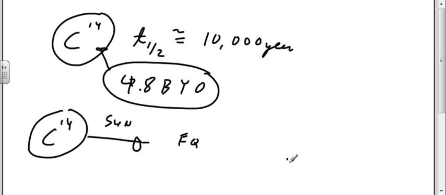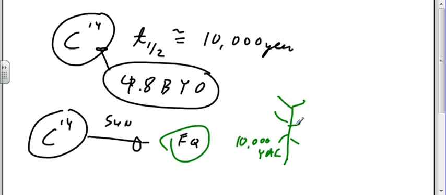So here I got some plant, it's growing, and it grew 10,000 years ago. So that equilibrium amount is in the plant, and then when the plant dies, it quits absorbing it, it now decays, and by the amount of carbon-14 left over, I know how old it is. Okay, so that's the carbon-14 dating method.